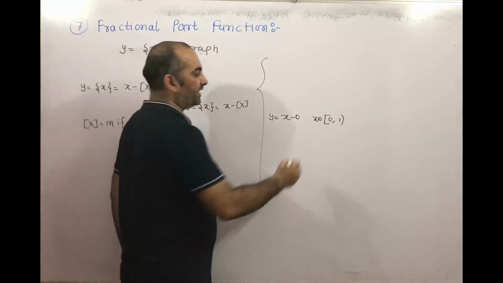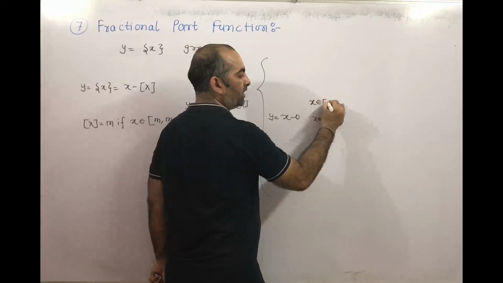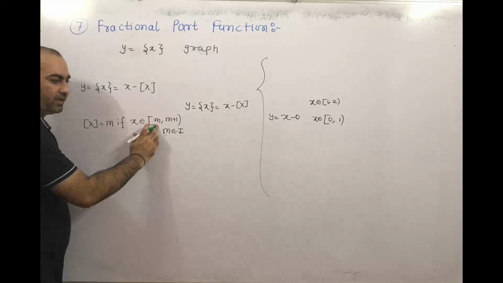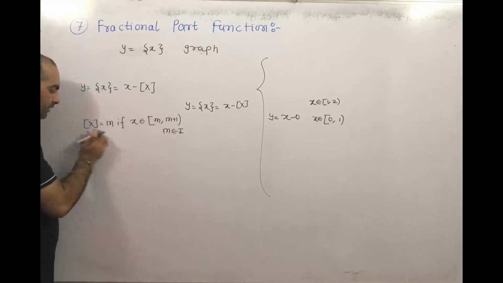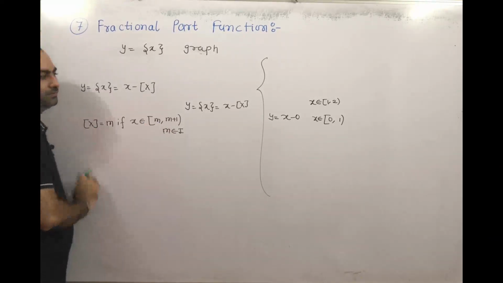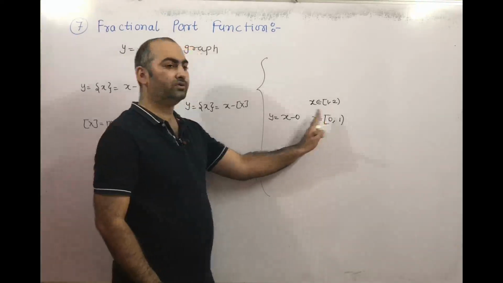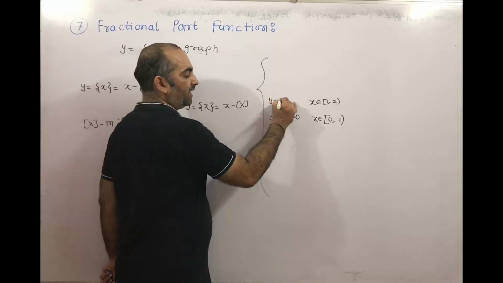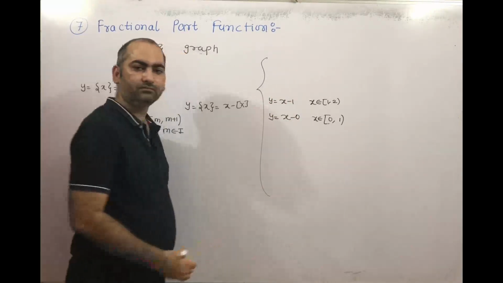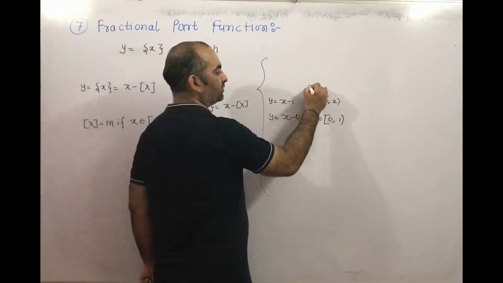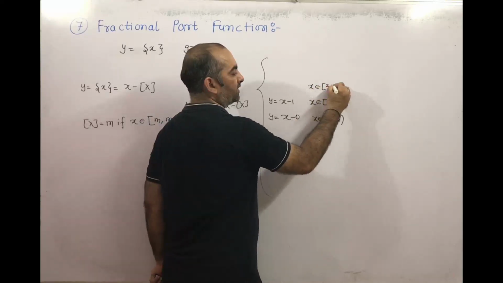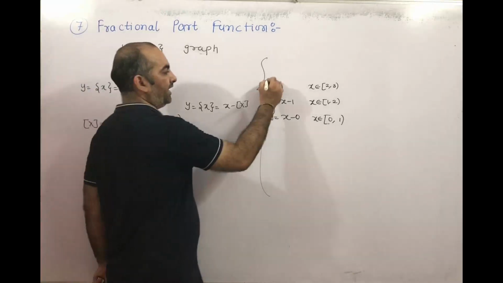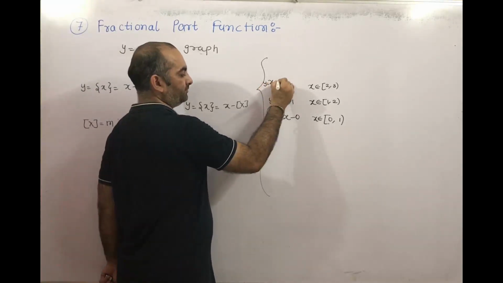Next, if x belongs to 1 to 2, m is 1, so the greatest integer of x is 1, and y equal to x minus 1. If x belongs to the closed interval 2 to 3, m is 2, so y equal to x minus 2.